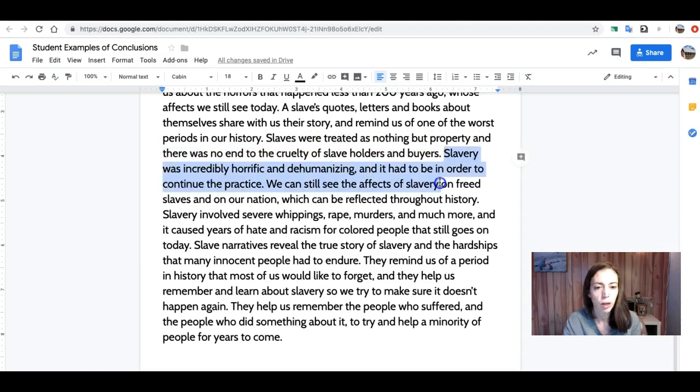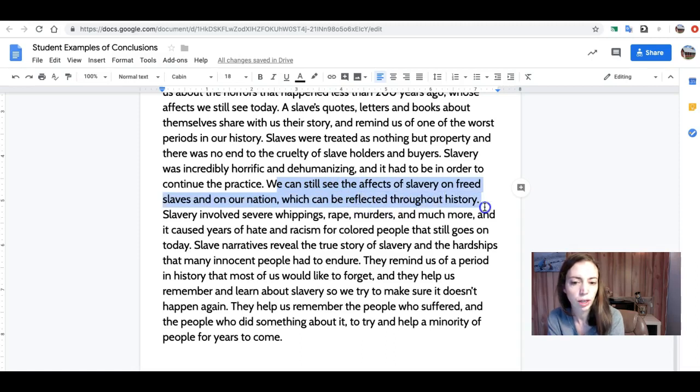Slavery was incredibly horrific and dehumanizing, and it had to be in order to continue the practice. So that again feels like another point or another claim she was making in her essay. And we can still see the effects of slavery on freed slaves and on our nation, which can be reflected throughout our history. So she's doing a great job of recapping on some major points here.